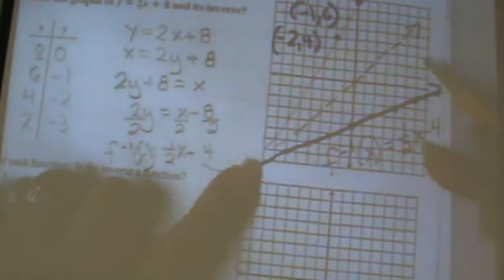Imagine this graph is folded at a 45-degree angle right here, and I'm going to draw a broken line, here is the line y equals x. Sorry, I'm going a little crooked. If you were to fold your graph along this line, you will see that this graph lands on that one, and that's another indication. And they all do that.